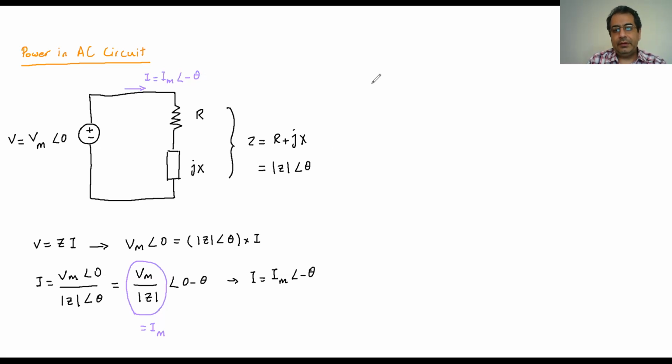This theta that we have here is basically the difference between these two: theta V minus theta I. In this case, we assume theta for V is 0, so theta for I is going to be negative theta. But it's always like that: theta is the difference of theta V minus theta I. We will show later on how we use them.